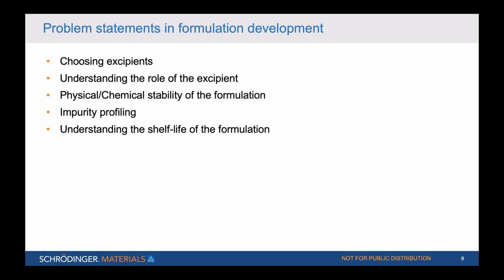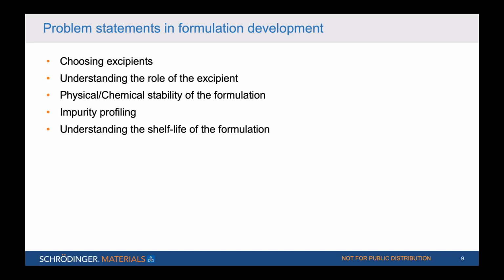When it comes to chemical stability, as I said, anything can react with anything inside the formulation, so we can get impurities. How do we get these reactions blocked, or how do we understand these reactions in an effective way? These are the things we have to understand when it comes to physical and chemical stability of the formulation. And then impurity profiling: when chemical instability is happening, a lot of impurities can come out.